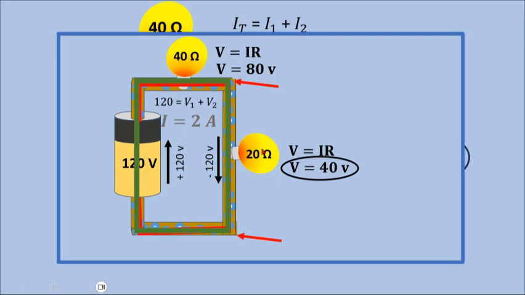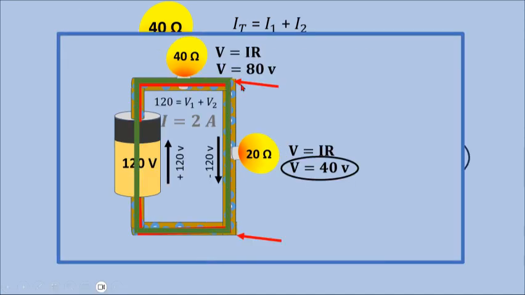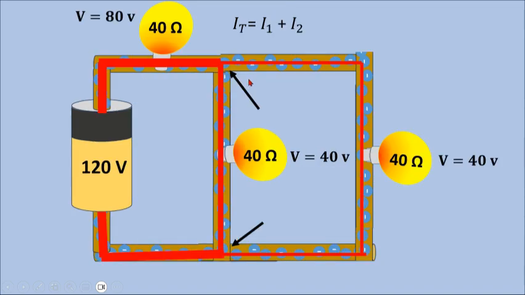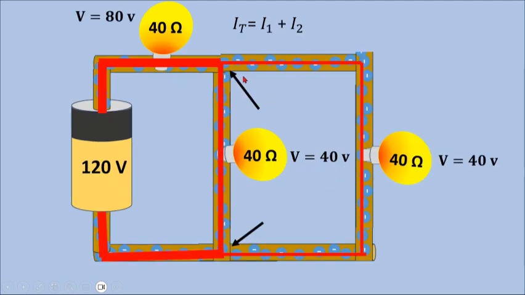All right. And what that means is that between here and here, if you were to measure this with a voltmeter, it'd be 40 volts. Now going back to our original circuit, the real circuit, you see that these 2 points correspond to these 2 points here, right? And so we found that the voltage drop between these points is 40 volts, which means going back to our real circuit, the voltage drop across this light bulb is 40 and this light bulb is 40.